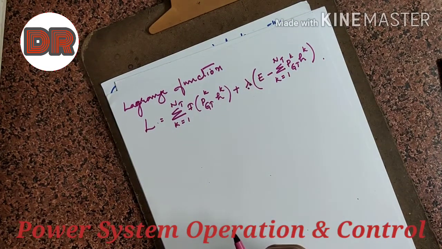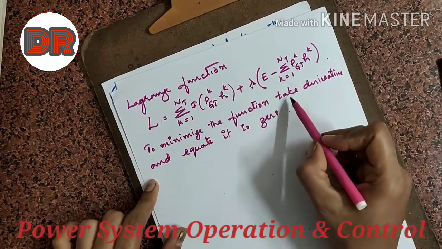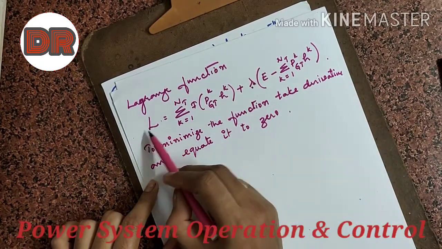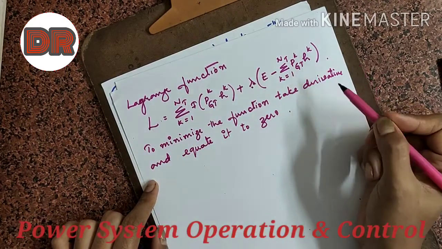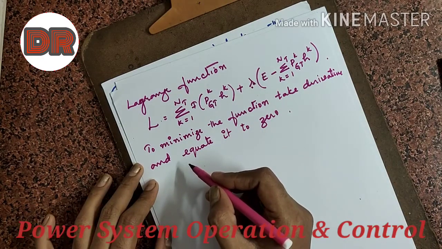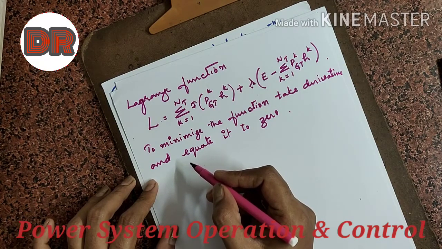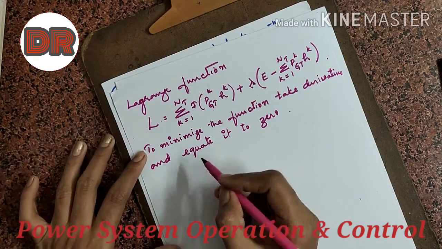So now to minimize the function, we take a derivative and equate it to 0. So to minimize the function, take the derivative of this Lagrangian function and equate it to 0. Since it is a multi-variable function, dependent on many variables, let me take the partial derivative.